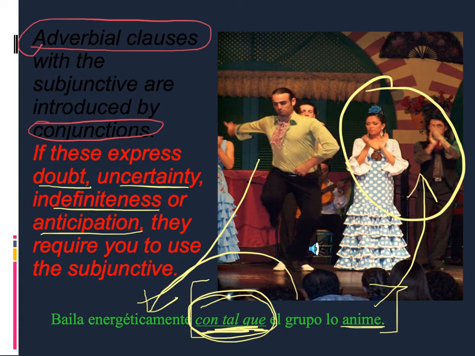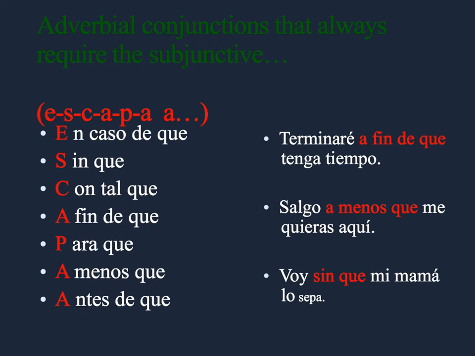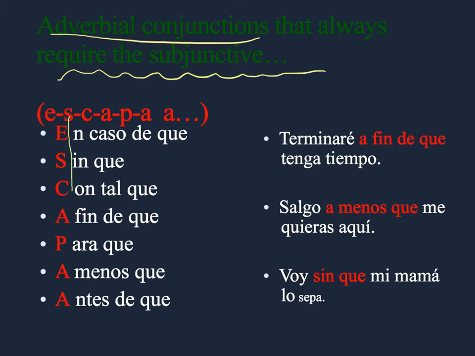Looking at con tal que for the first time, it is an example of a whole group of conjunctions that you're going to work with. Here they are. Okay, so adverbial conjunctions. We again can look at an acronym to remind ourselves of which ones always require subjunctive mood. They are in the acronym escapa a.